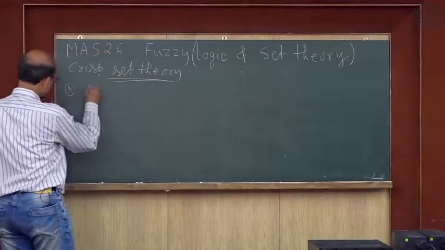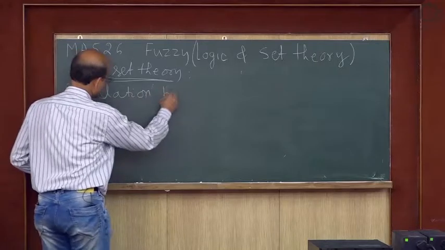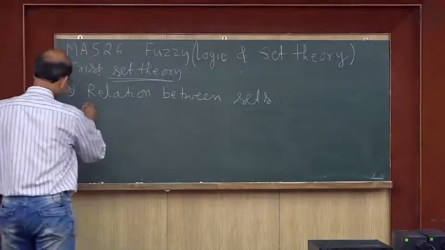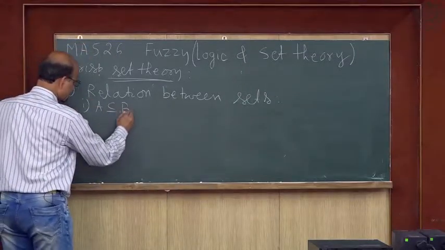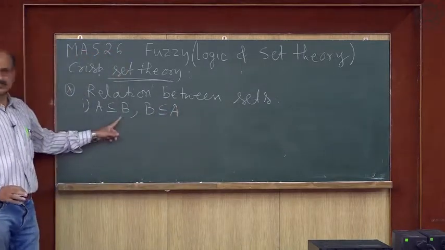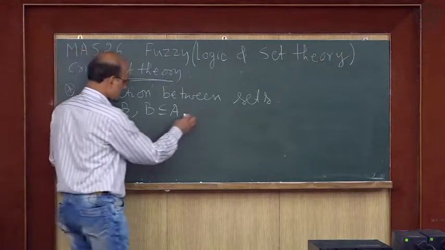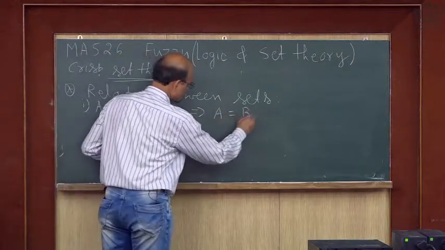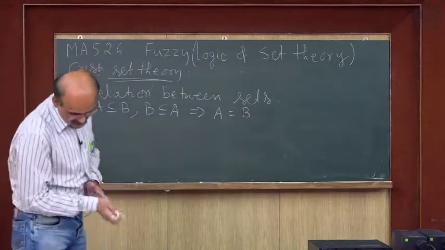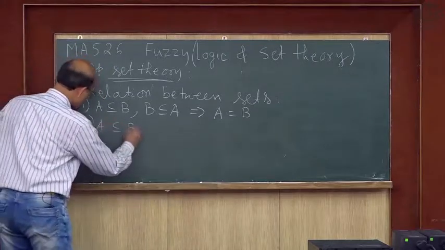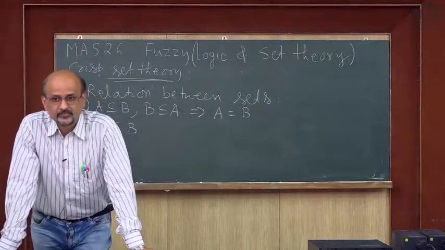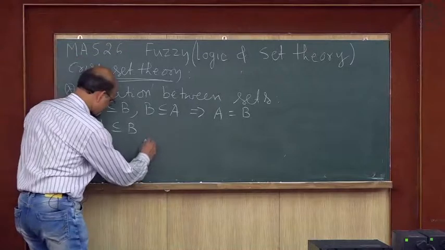Now, relations between sets, those are very simple things, but what are the relations that you know? First is that already you know, very simple: if A is a subset of B and B is a subset of A, and I hope you know what is A subset of B, then we write A is equal to B. Similarly, when will we have A proper subset of B?